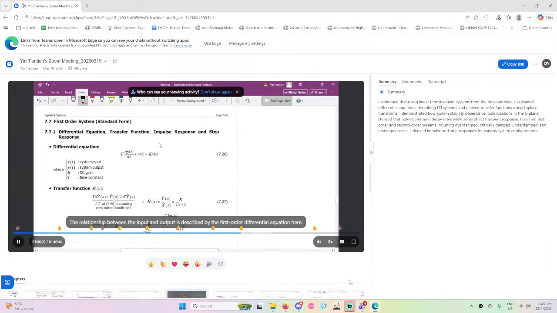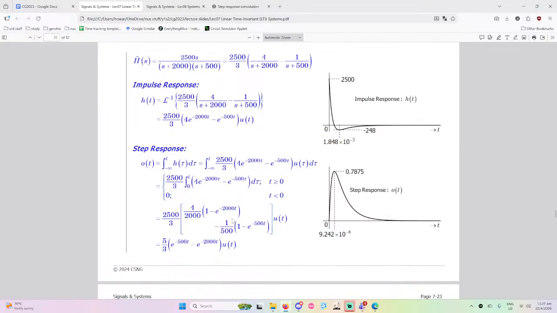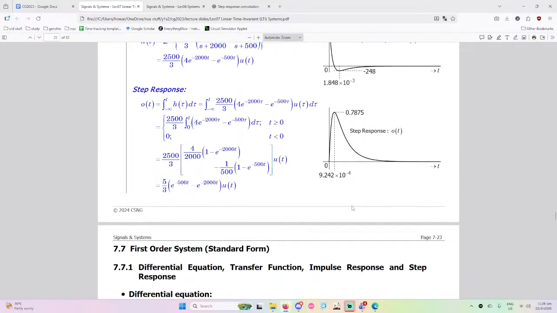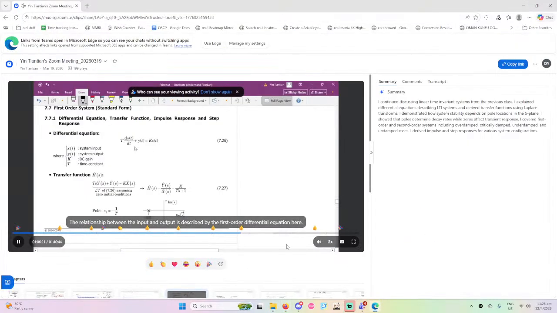For the first order system, the relationship between the input and output is described by the first order differential equation here.